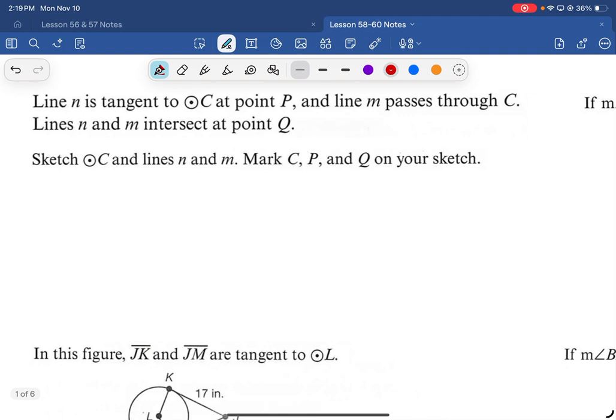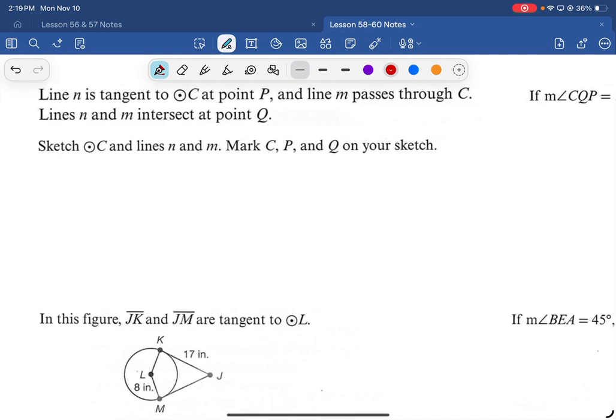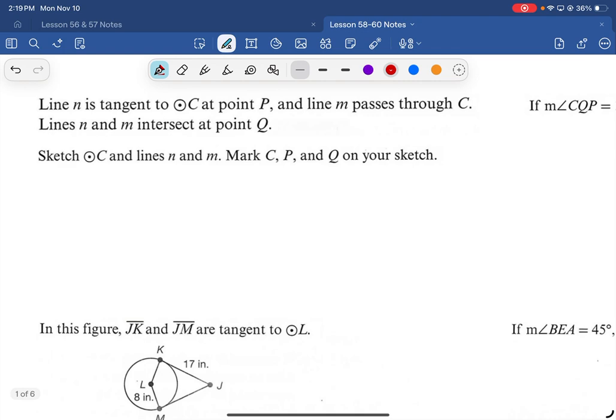Okay, time to do some sketching. When you're asked to sketch a diagram, you want to first read through all of the clues carefully and then go back and make sure you've drawn each and everything that they've asked you to draw. So we'll start with reading it.